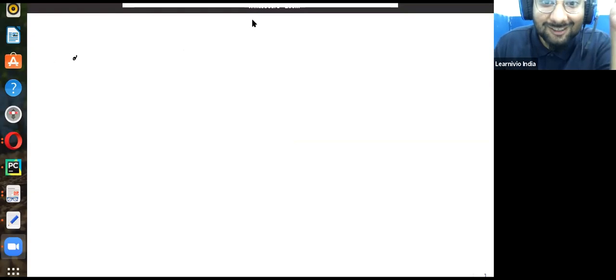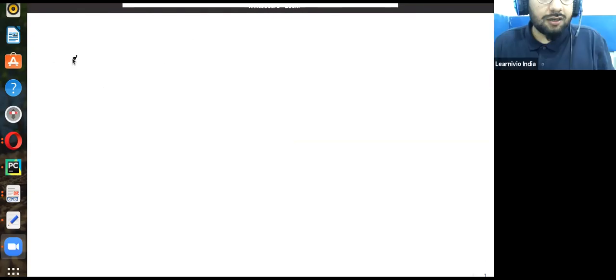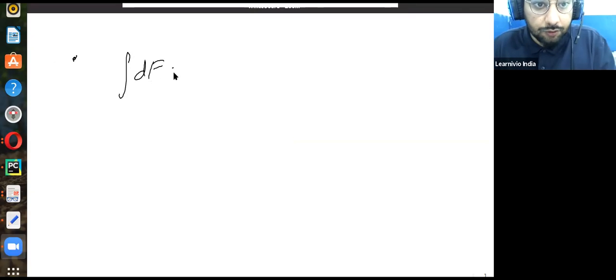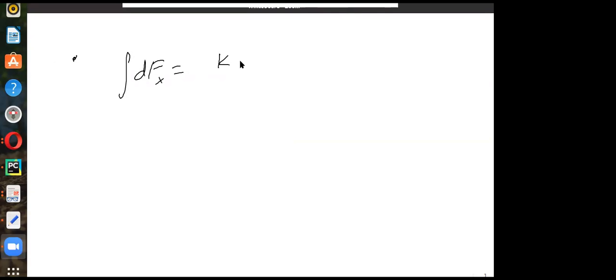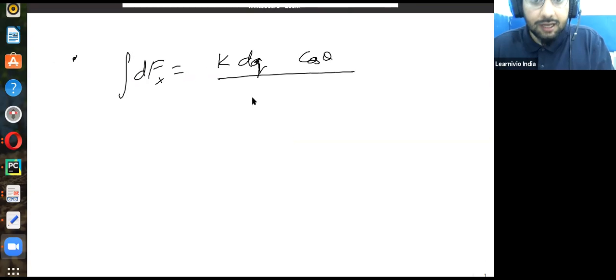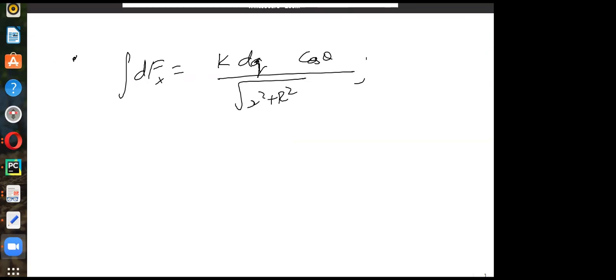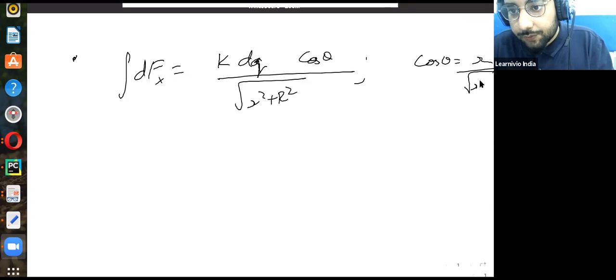Where were we? We were completing the ring one. We concluded that cos theta is equal to small r over the square root of r square plus capital R square.